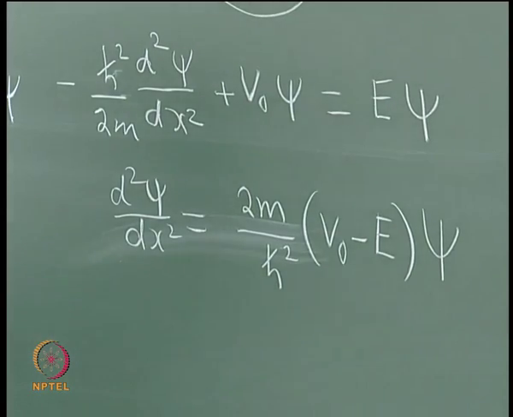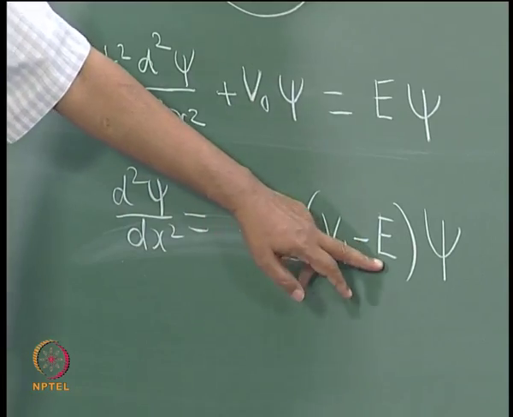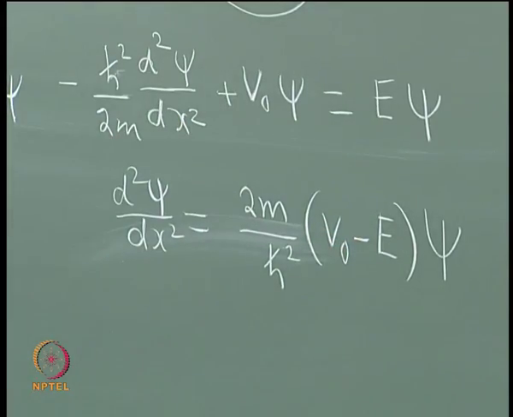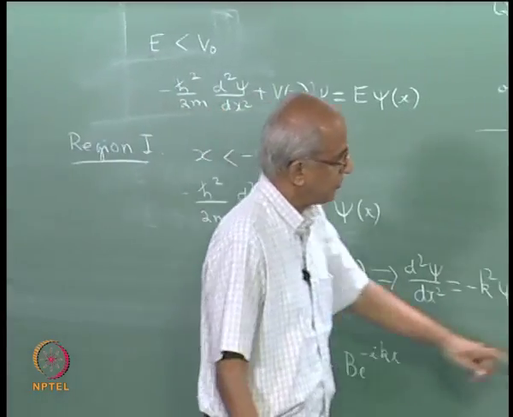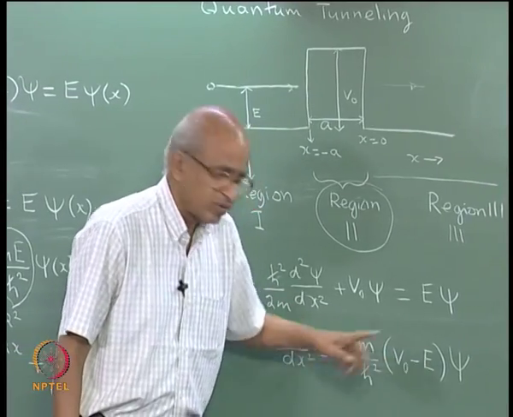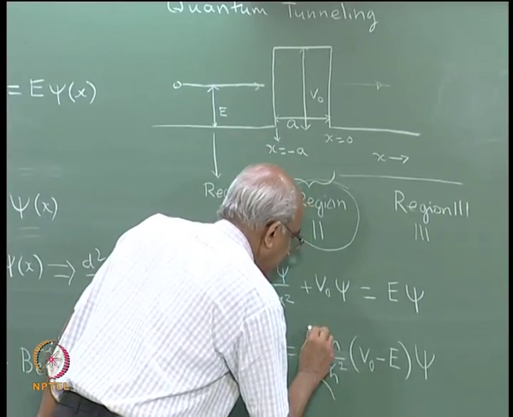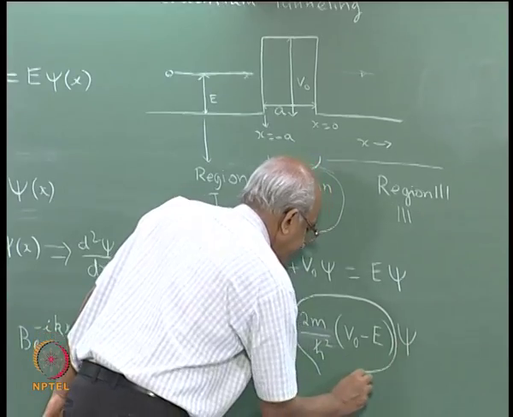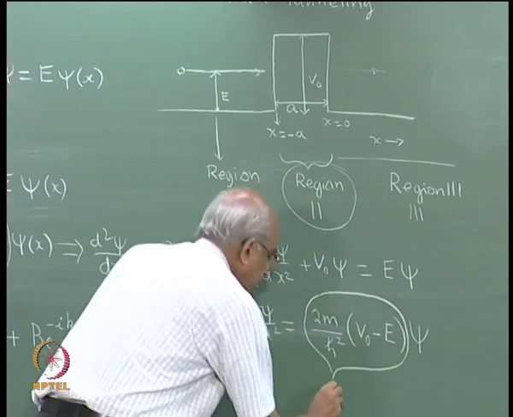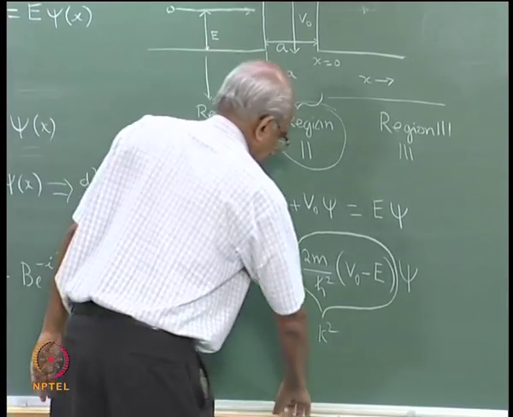Why did I write it in this form? Well, remember we are thinking of the situation where the energy of the particle is less than v0, so therefore v0 minus E is a positive number, and therefore this whole thing is a constant positive number. And naturally I will call that kappa square.